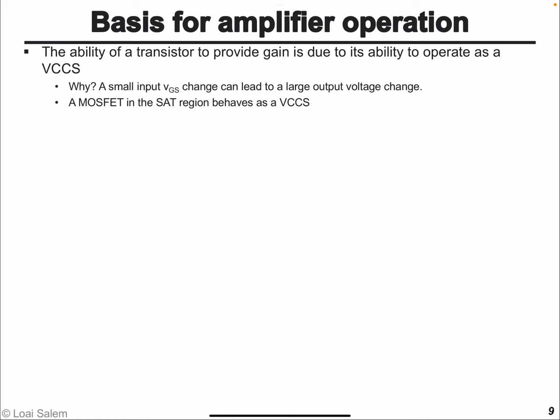To be able to create an amplifier circuit, we need a voltage controlled current source. And why is that the case? In the sound system we mentioned, we have a microphone. This microphone connects to an amplifier.